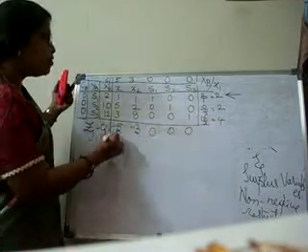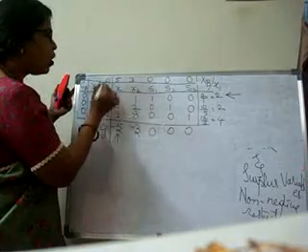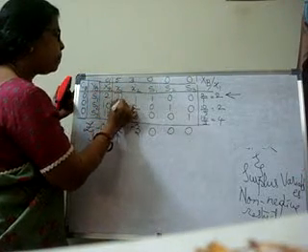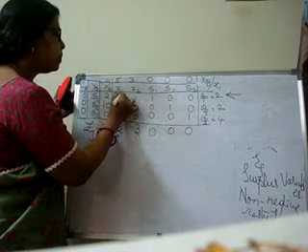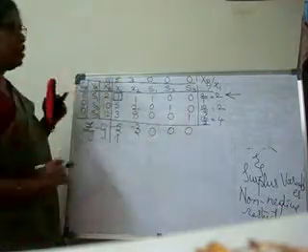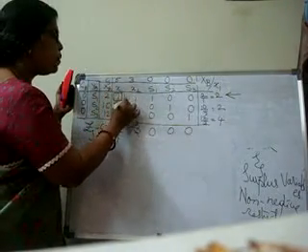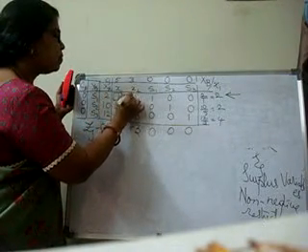Now, where do these two arrows cross? Here. This number is called pivot element.